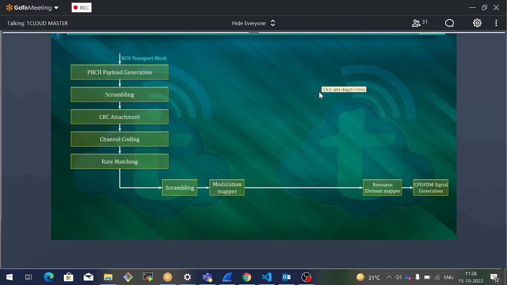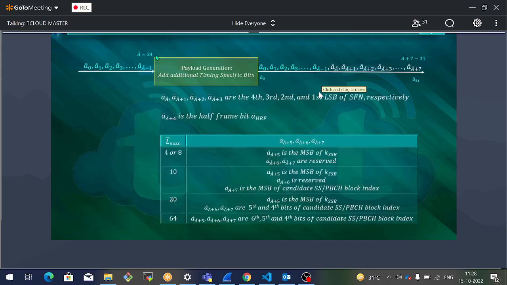Actually, here some blocks are missing when it comes to this PBCH part. There are some blocks missing. But first we see one by one what these blocks are, what happens as part of each block when the data comes from the higher layer.